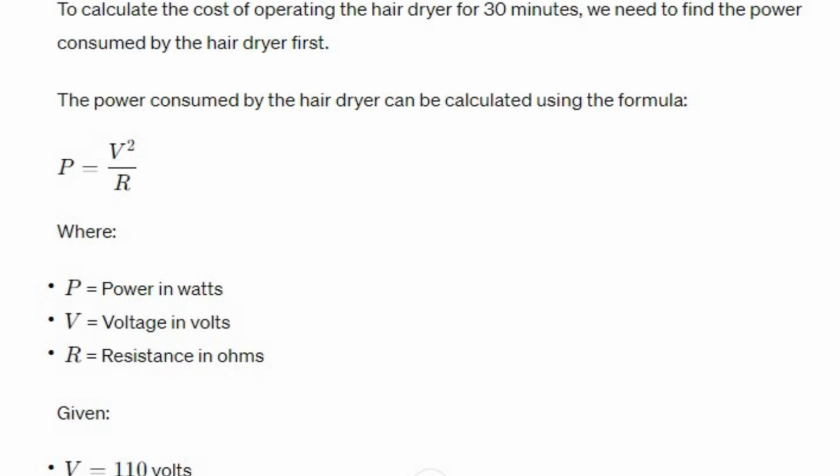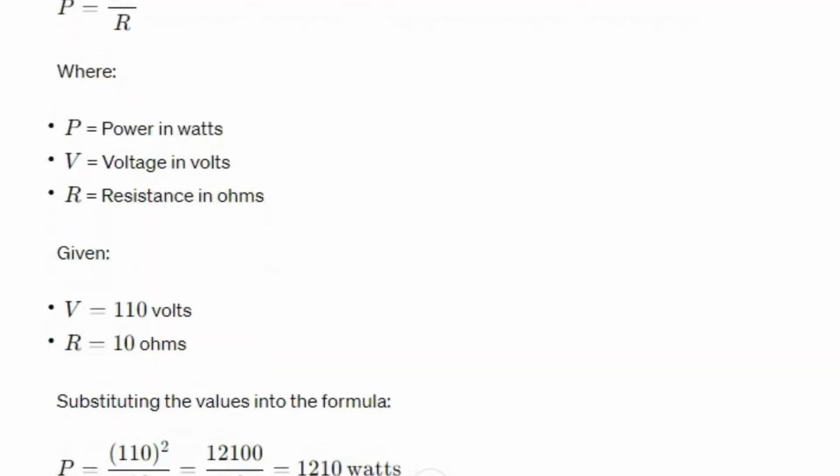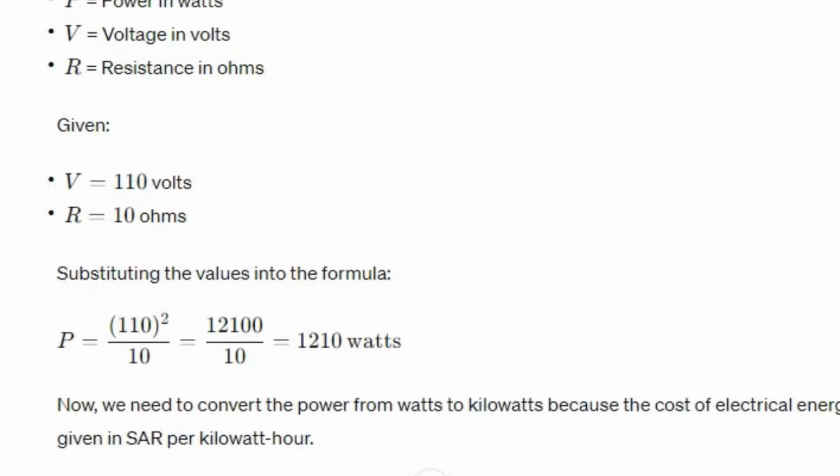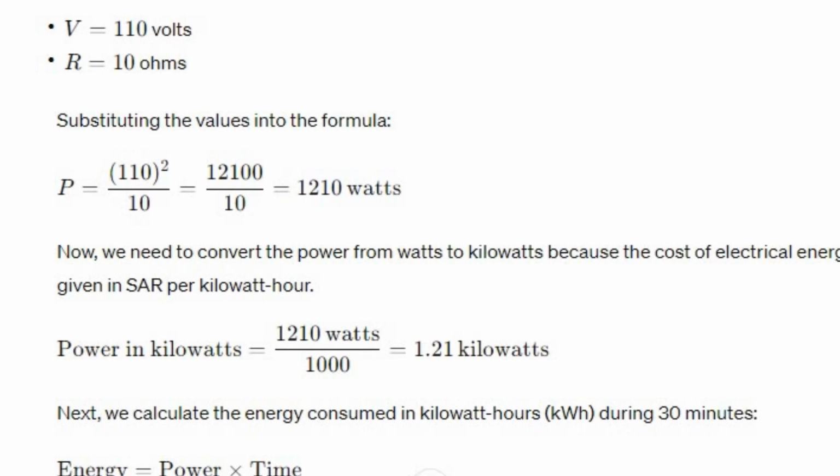Given V equals 110 volts, R equals 10 ohms, substituting the values into the formula, P equals 1210 watts. Now we need to convert the power from watts to kilowatts because the cost of electrical energy is given in SAR per kilowatt hour.